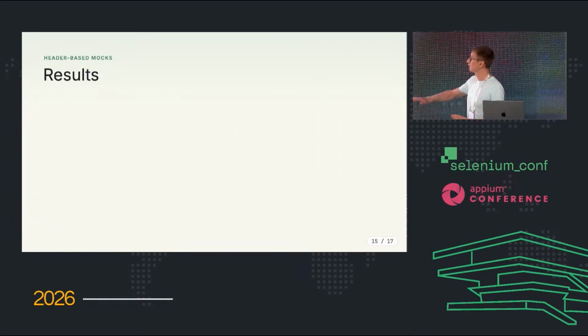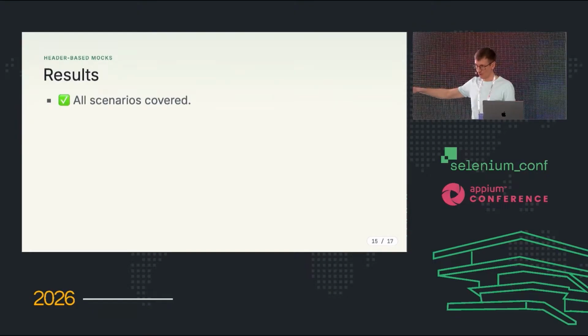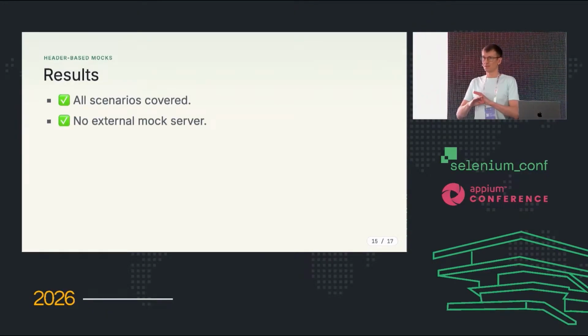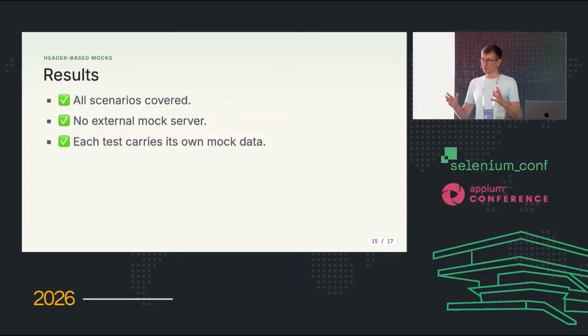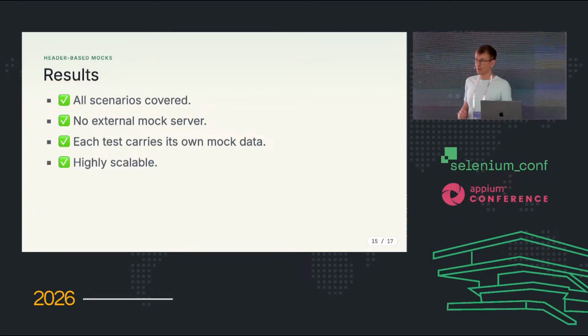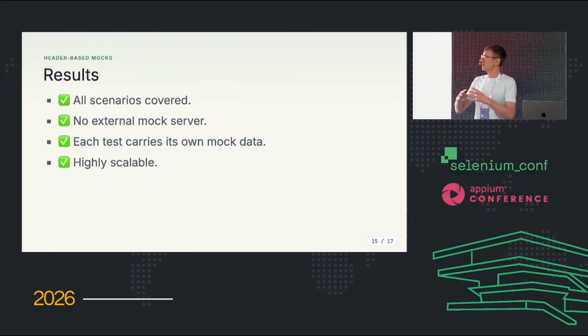So what we've got with server-side mocking, we covered all 3 scenarios that we discussed. I didn't use any mock server, but I managed to mock everything that I wanted. And the general idea is that each test carries its own data with all mocks, passes it to the server and gets the result. And this approach is highly scalable because each test does not depend on any mock servers.